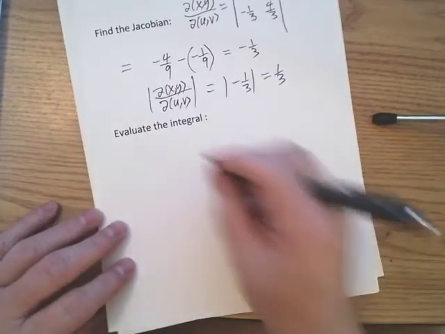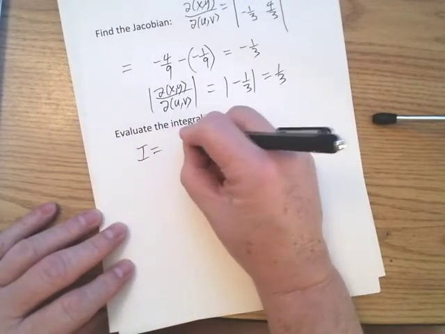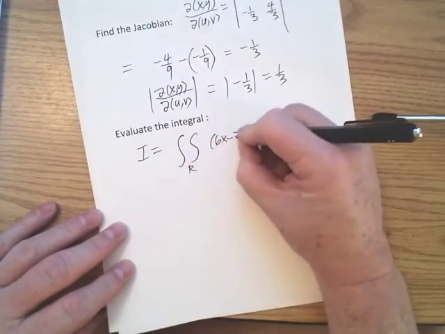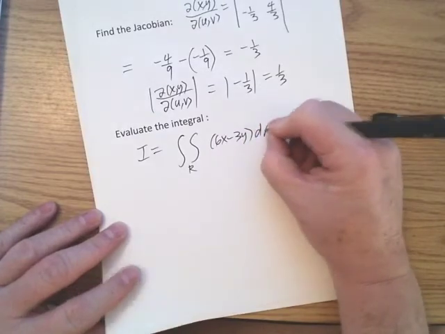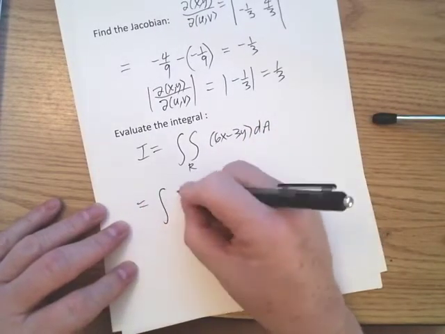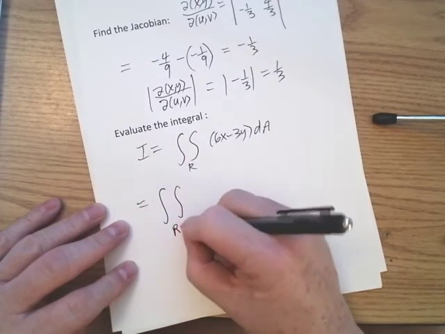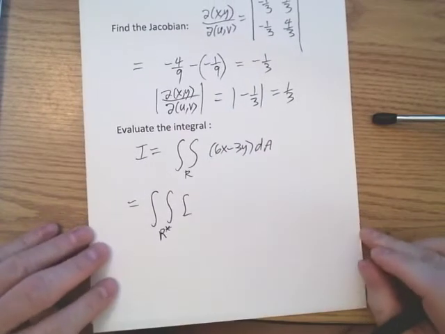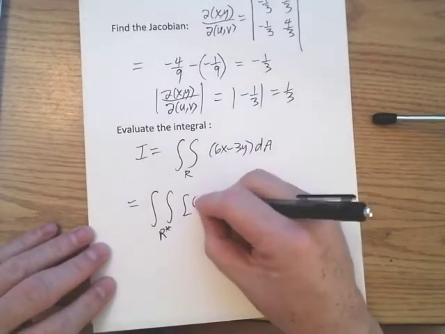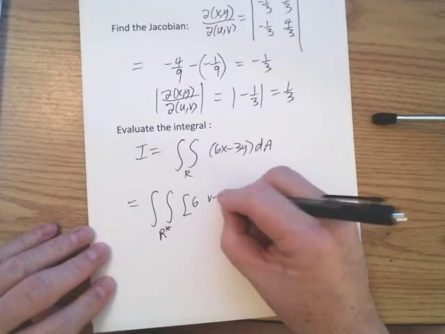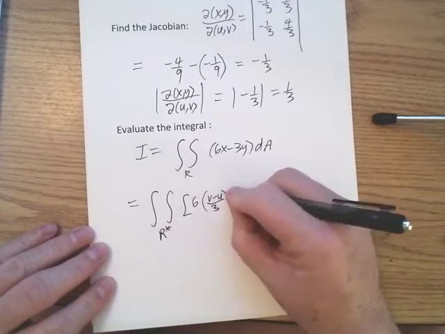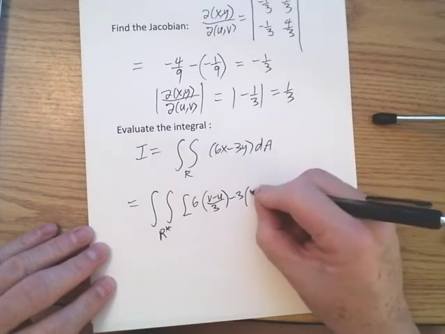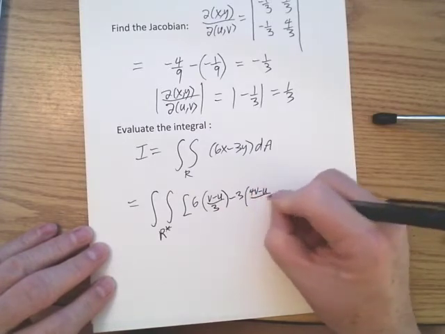Okay, to evaluate the integral, remember the integral looks like this, the double integral over R of 6x minus 3y dA. So that's going to be the double integral over R star. Don't forget we have to change the integrand also. So that's 6 times (v minus u)/3 for x, minus 3 times (4v minus u)/3.